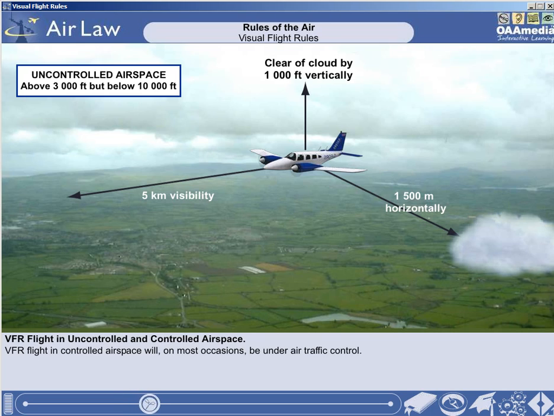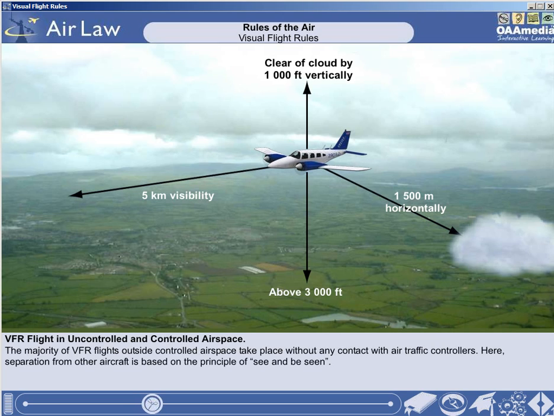VFR flight in controlled airspace will, on most occasions, except in Class E airspace, be under air traffic control, although often the separation of VFR flights from other flights is not provided by air traffic control, the ATC service being confined to the provision of traffic information.